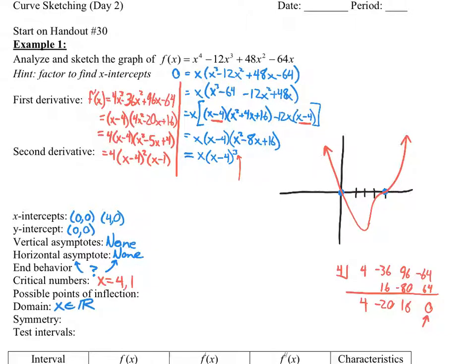Now before we test that, let's go ahead and find our second derivative and see what we can do with that. F double prime of x, we've got 12x squared minus 72x plus 96. I'm going to divide everything by 12.